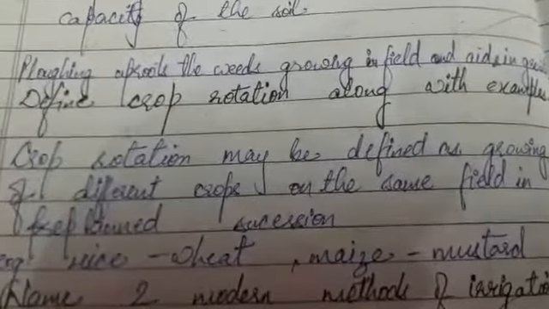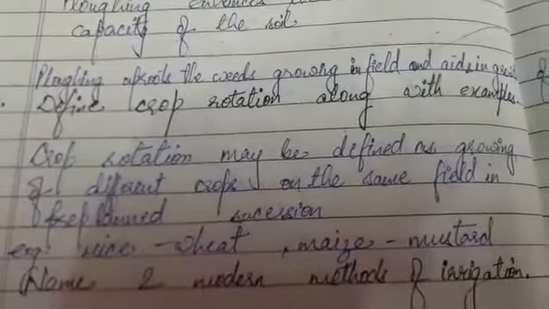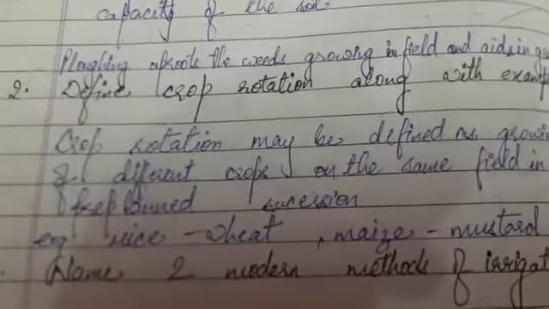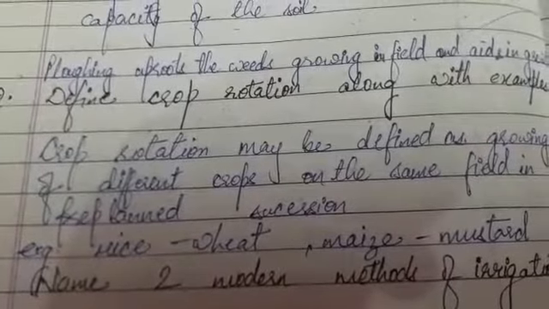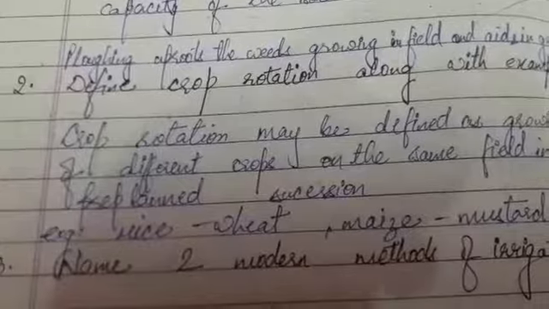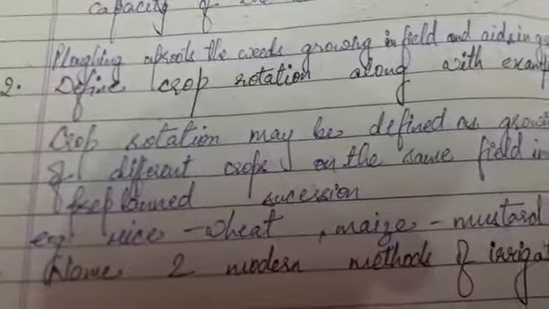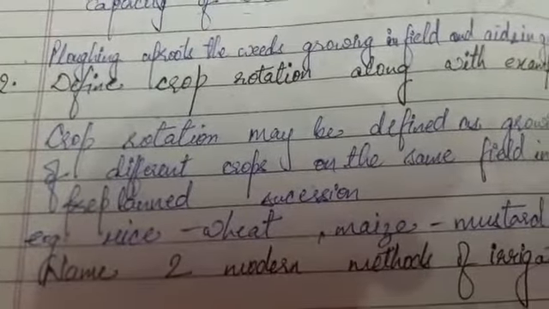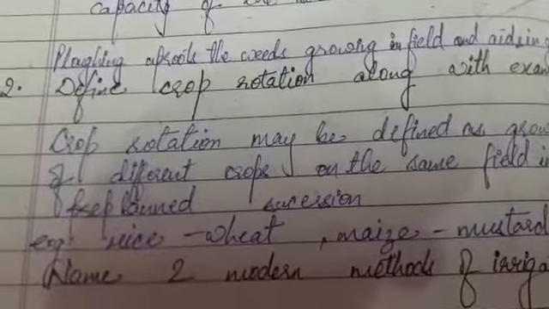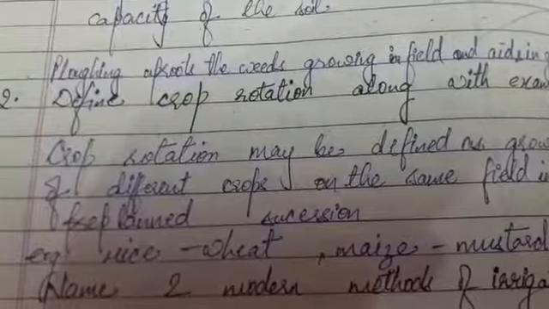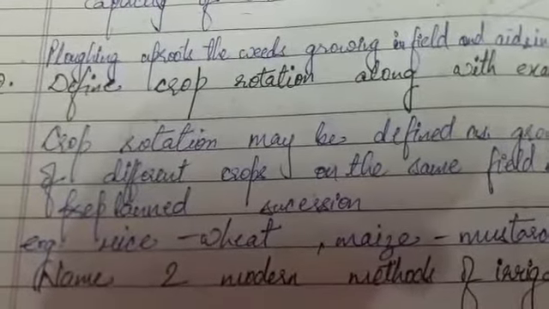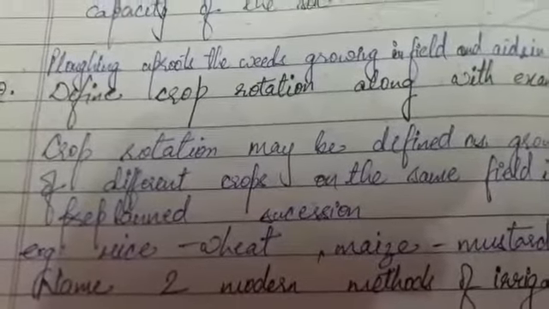Crop rotation may be defined as growing of different crops on the same field in pre-planned succession, in which 1 year or 2 year crop rotation plans are prepared according to which we grow the crop in a field.